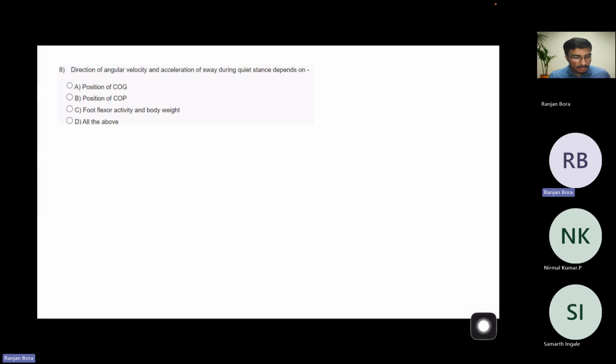Check if it depends on position of COG, position of COP, or all of the above. Yes, it depends on all of the above.